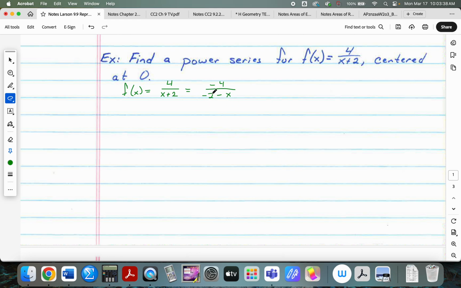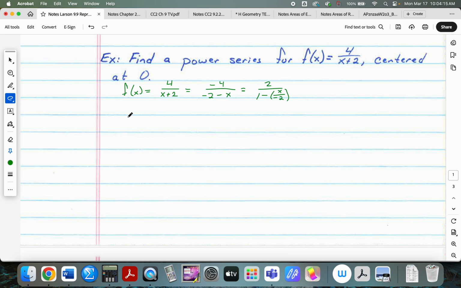Next, I want this to be, and this is already centered at x is 0 because I don't have anything like x plus something, x minus whatever. I'm going to divide everything by -2. So this is going to be +2 over 1 minus parentheses x over -2. So now I have it in the correct terms.